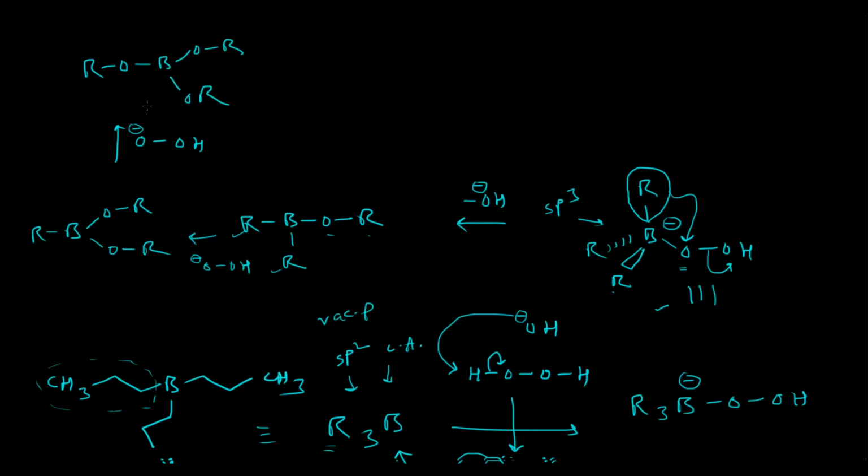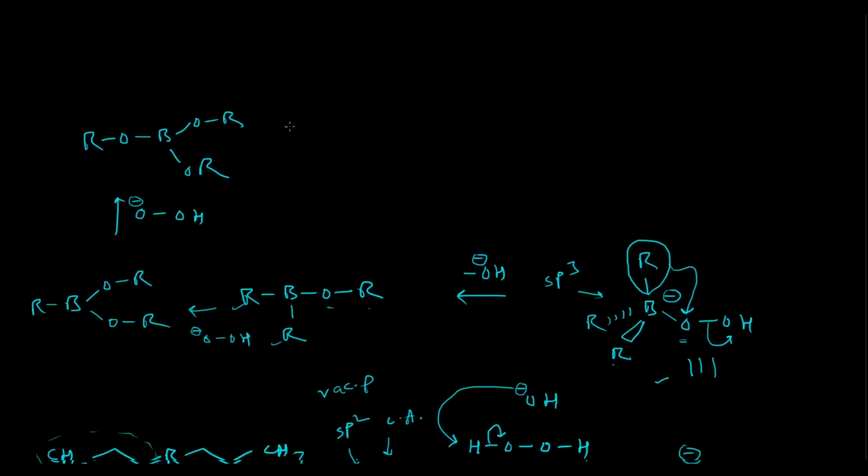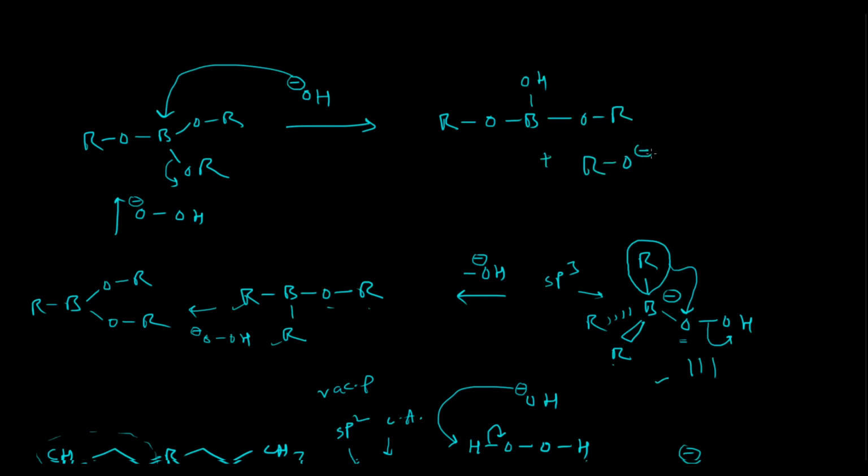So this boron center will then be attacked by OH minus, and as soon as this OH minus attacks this boron center, this OR will leave from this system to form this alkoxide, and this alkoxide will essentially take a proton from the solvent and be converted into the corresponding alcohol.